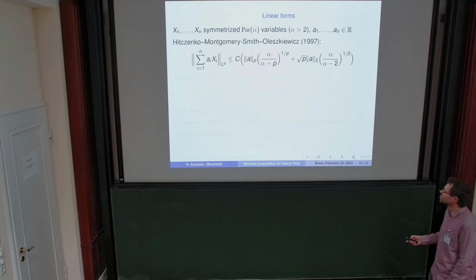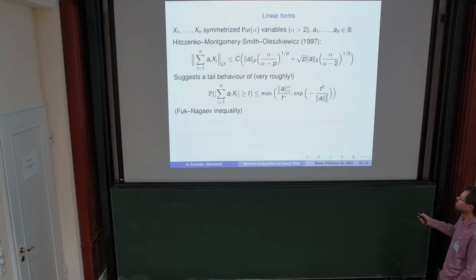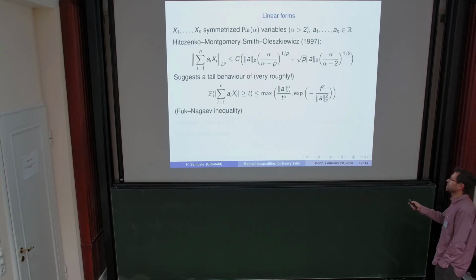And if you look at this, this suggests a tail behavior, very roughly. This is anything but correct what I've written down here, it's more heuristic. Well, here you have something of Pareto type. So here you should have something like 1 divided by t to the power of alpha, which scales with approximately the alpha norm of the coefficient vector A. And here, by contrast, we have something sub-Gaussian, because root of p means sub-Gaussian tails.